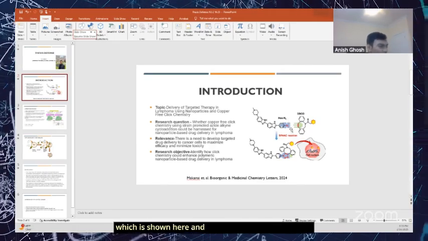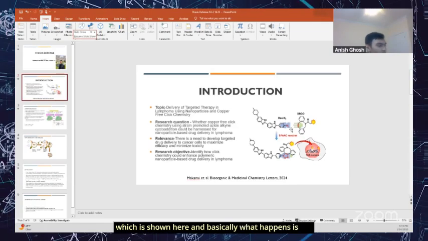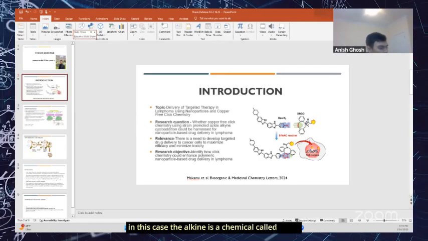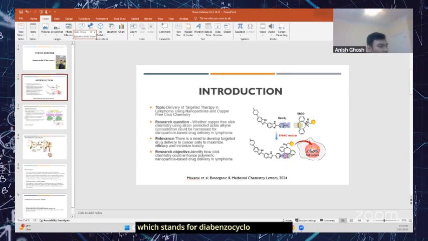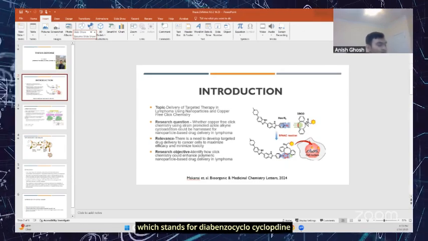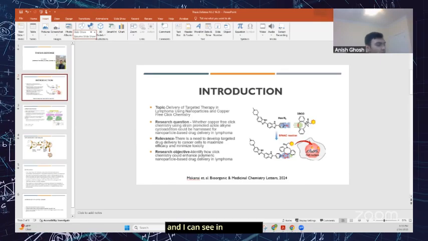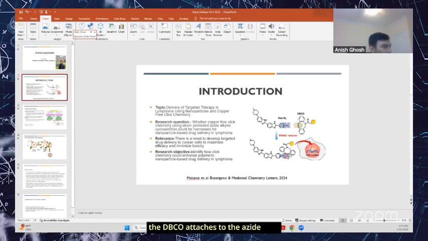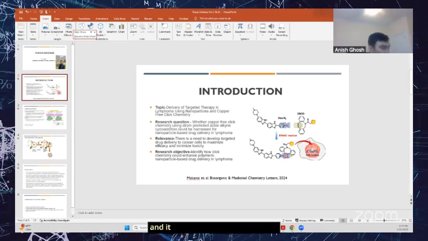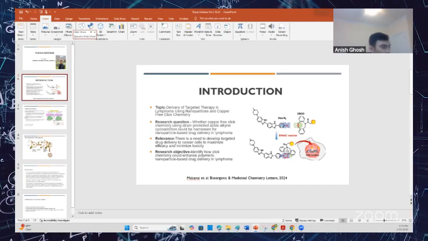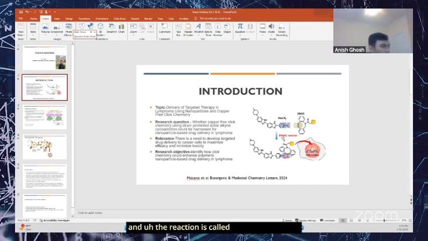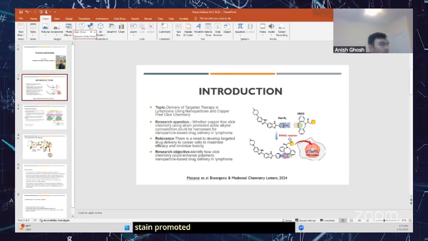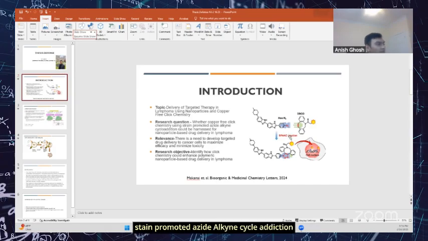In this case the alkyne is a chemical called DBCO, which stands for dibenzocyclooctyne. As you can see in the image, the DBCO attaches to the azide here, and it forms a triazole ring, and the reaction is called a SPAAC reaction, which stands for strain-promoted azide-alkyne cycloaddition.